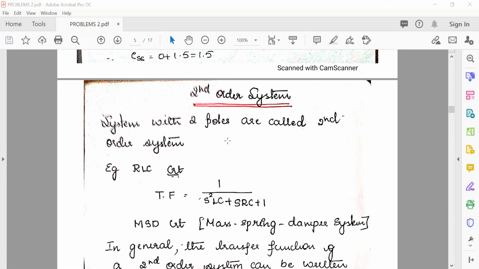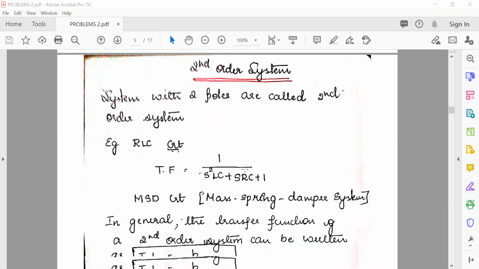The video was already uploaded, on the second order system and the roots, how to find the roots, and depending on the roots, how the system is classified as undamped, underdamped, overdamped, and critically damped. Generally, second order means s square, which means two poles. A system which has two poles is called a second order system.